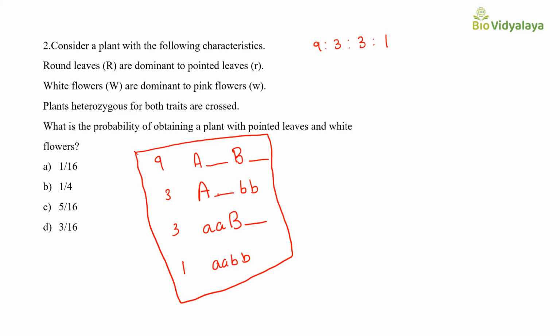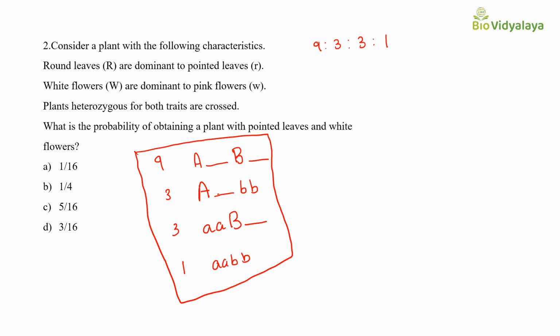Okay. But here they have given capital R for round leaves, small r for pointed leaves, and capital W for white flowers, and small w for pink flowers. So we can write here, I will change the color. Okay.